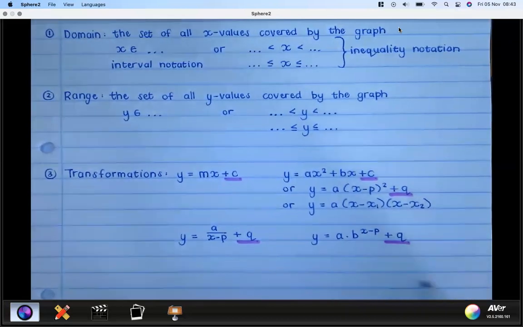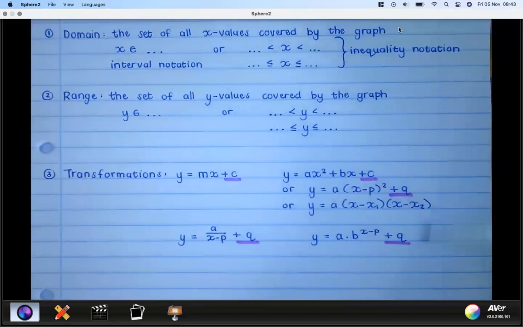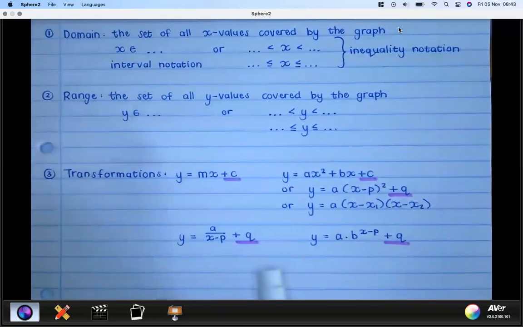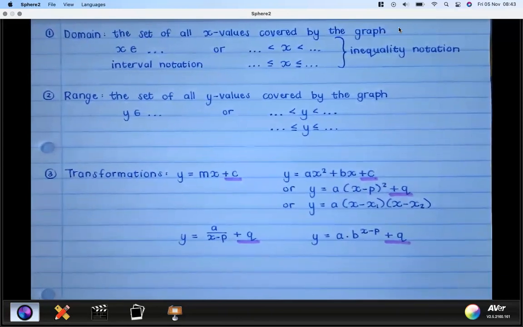Plus q is also your horizontal asymptote. Guys, all of these final terms in these standard forms represent an upwards shift. All right, it's always a constant term, the one that has no variable attached to it. If we look at all of these formulas, the c or the q values are always the constant terms. So the constant term represents an upwards or downwards shift.